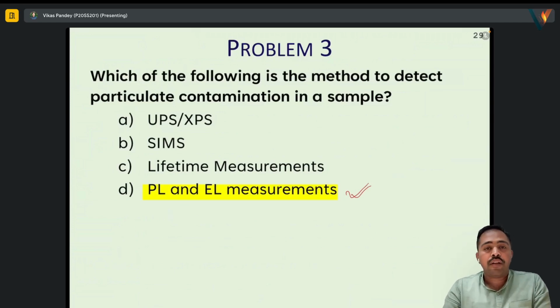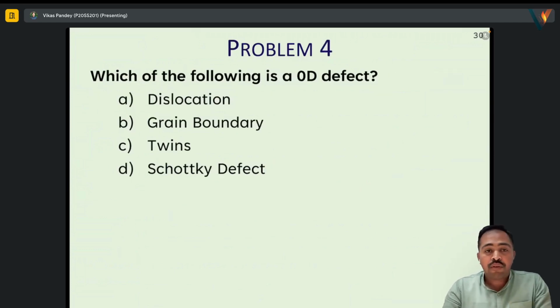Okay. Now let's come to problem 4. That is, which of the following is a 0D defect or a point defect? Dislocation, grain boundary, twins, or Schottky defect?